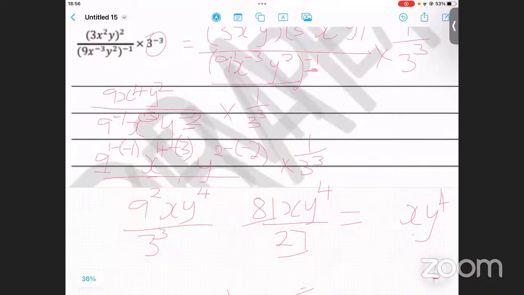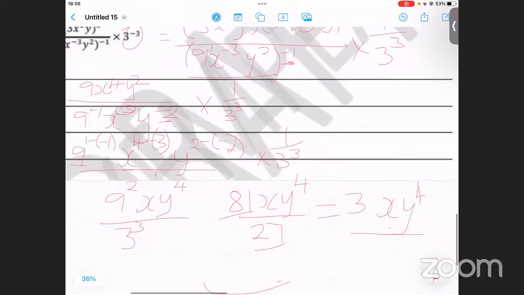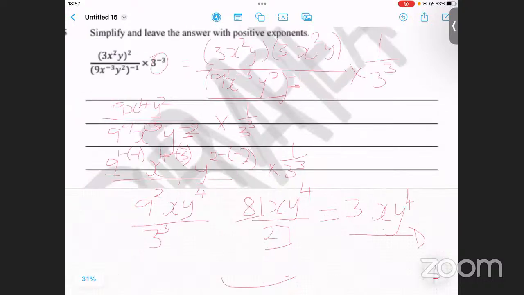Or maybe, just maybe, 27 can go into 81 some number of times. What is 81 divided by 27? 3, ma'am. 3. That means now our final answer for this is going to be 3x y to the power of 4.